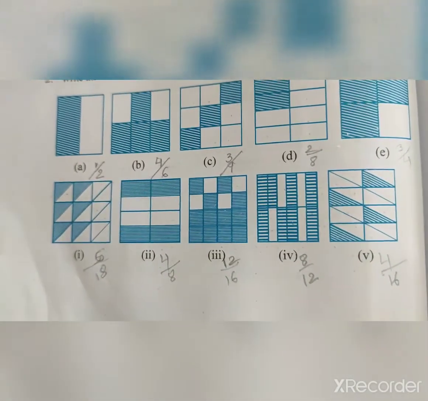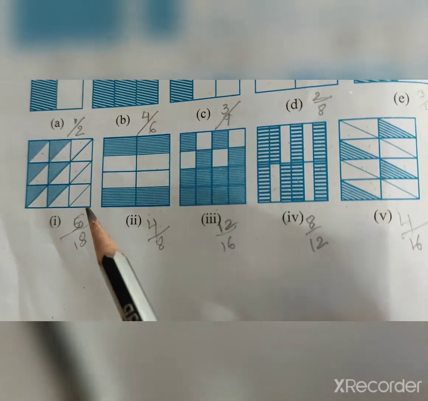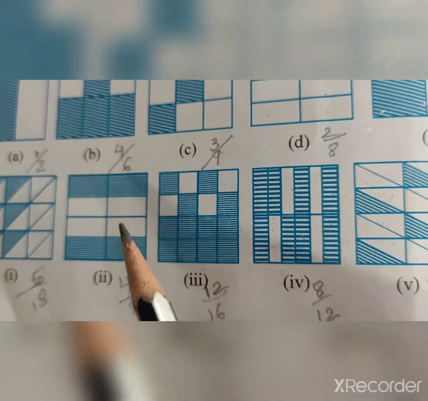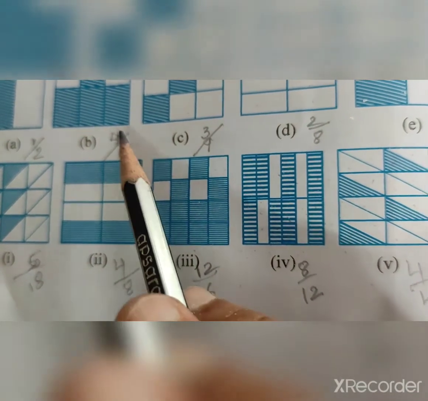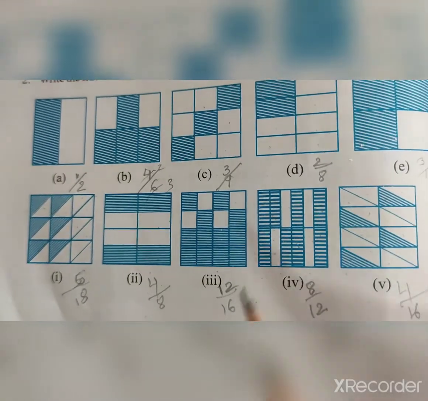So now we will take the reduced form of half. And here 2 2s are 4, 2 3s are 6. That means 2 by 3.